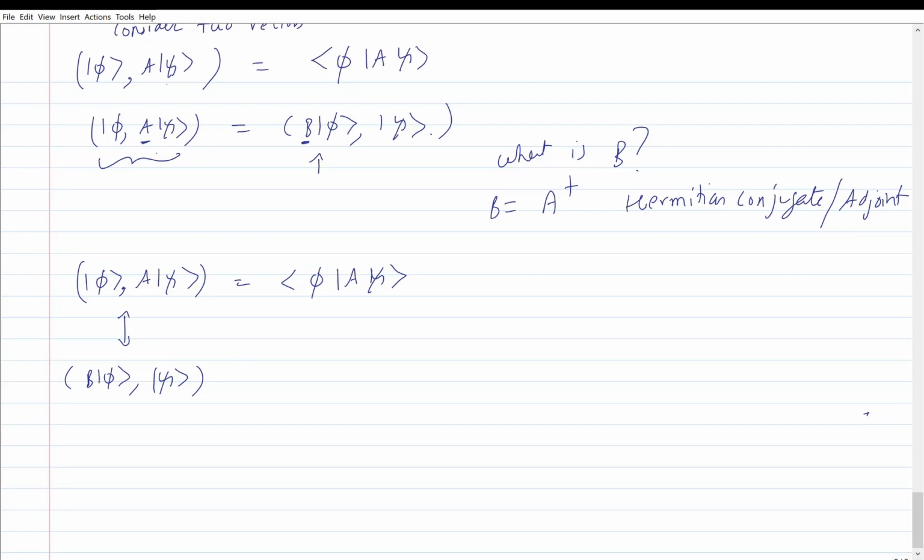So by definition, this inner product is equal to this inner product. This is just trivial mathematics.